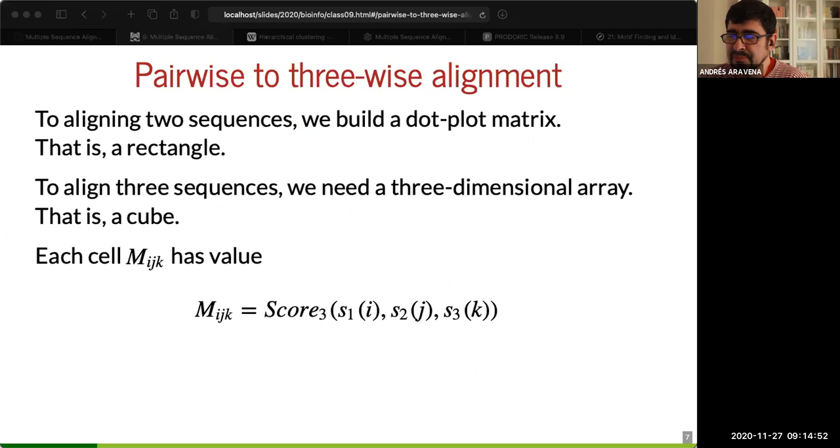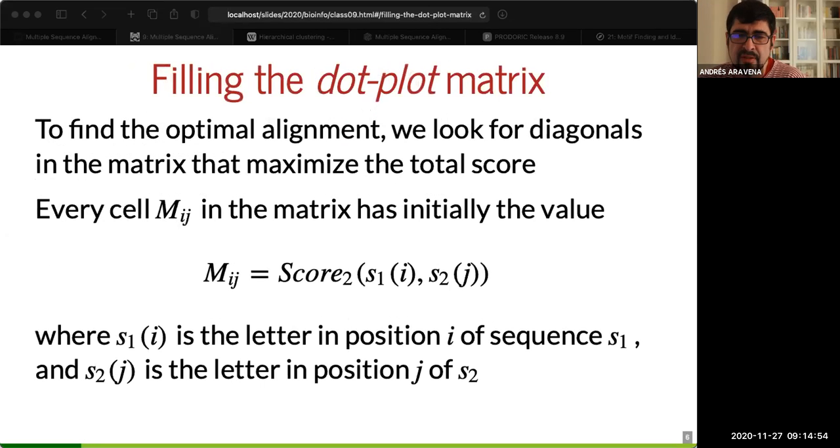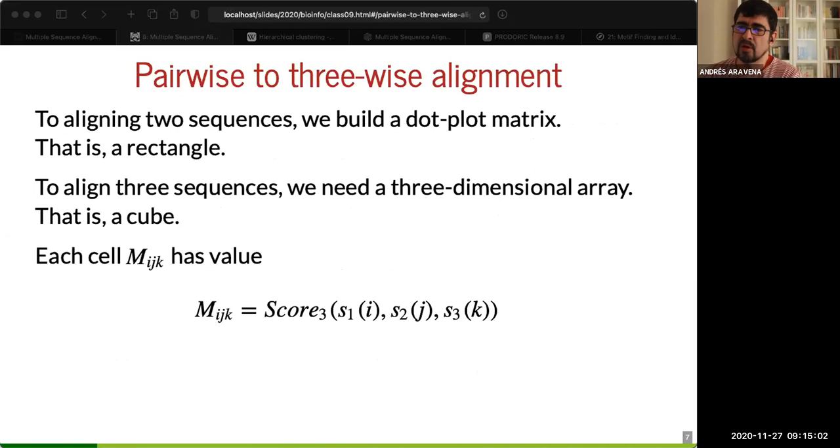So how do we go from this? This is how we do a two sequence alignment, a pairwise alignment. How do we go from 2 to 3, essentially? You have to think that to align 2, you make a rectangle or a square.